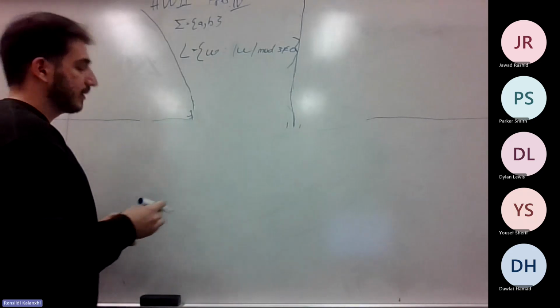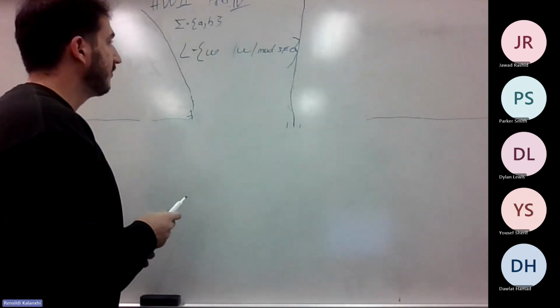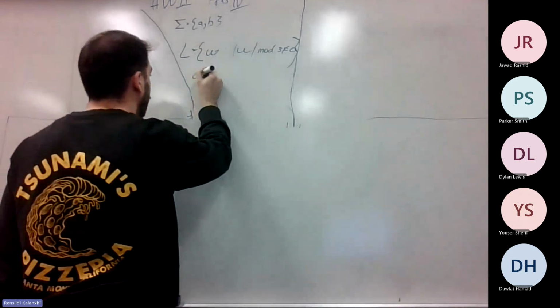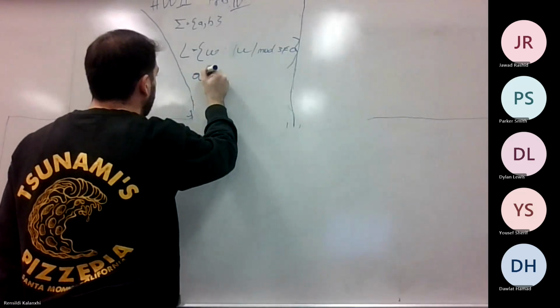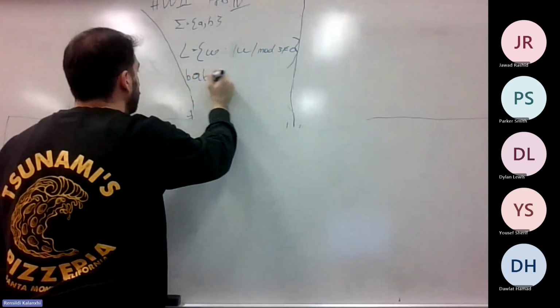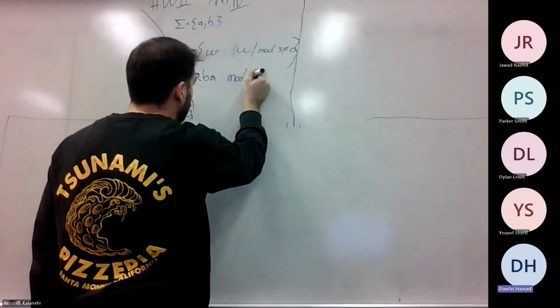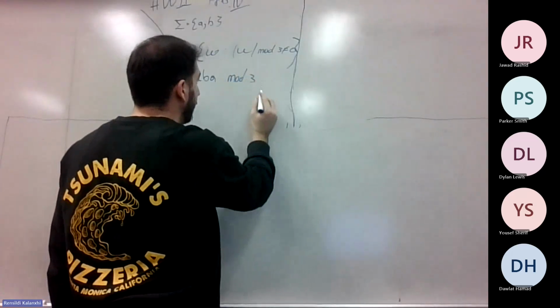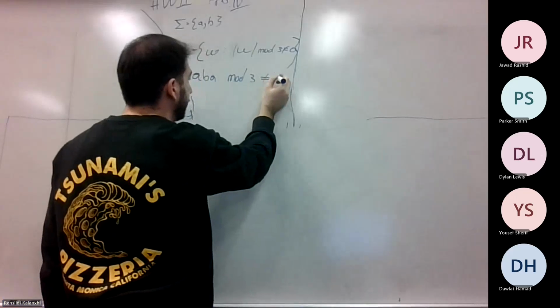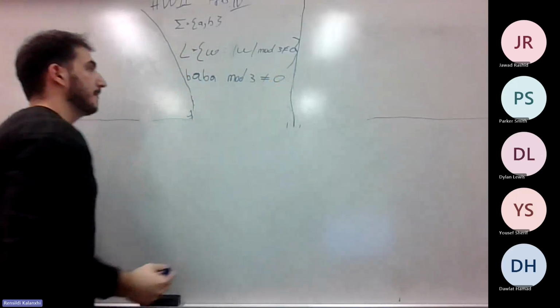It doesn't matter which symbols we choose, we can choose any a or b combination, but the length mod 3 shouldn't be 0.